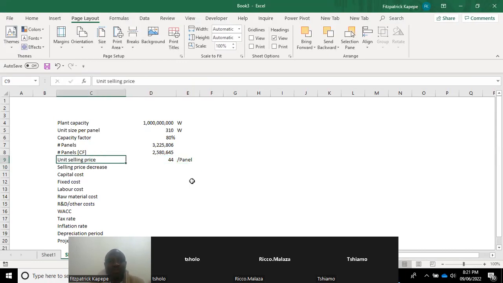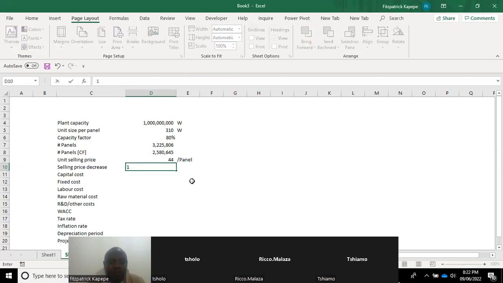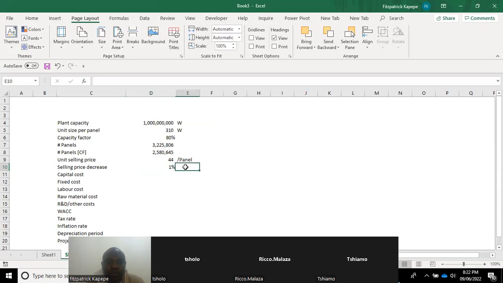The story now is becoming much easier to understand. What are we told on the selling price? That there will be a reduction of 1% per year, annual.